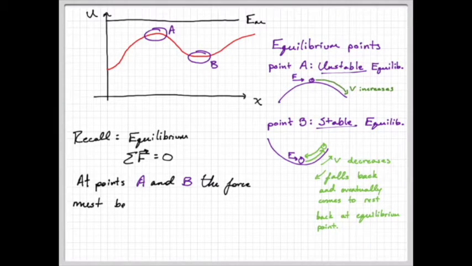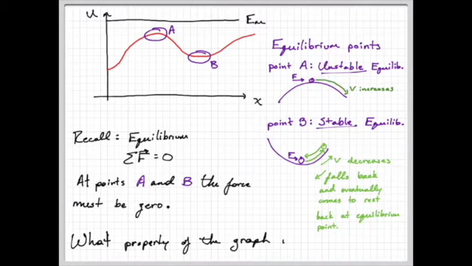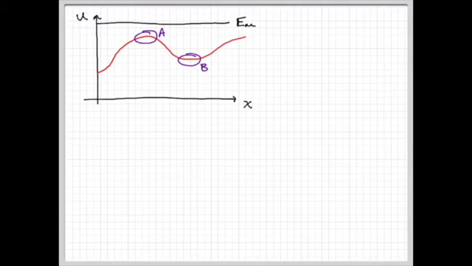Okay, so for calc students, what part of the graph at points A and B is 0? And for the non-calc students, you could answer this as well. What property of the graph at points A and B is also 0? Okay, so if you can answer that question, the answer is slope. Right? At point A and B, the slope of that curve is 0.